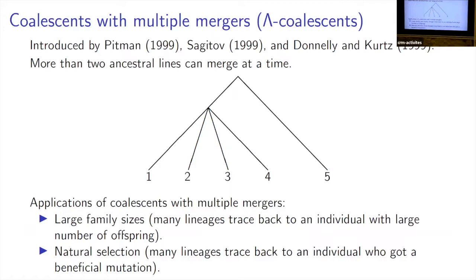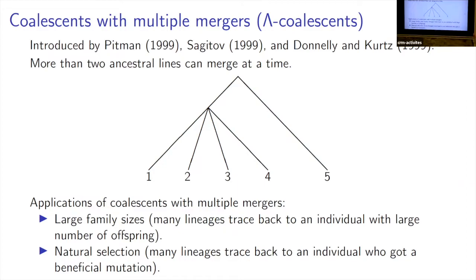These coalescent processes were introduced independently in 1999 by Pitman and Sagitov, and they also appeared around the same time in work of Donnelly and Kurtz. These processes have the property that many ancestral lines can merge at once. So we could get a picture like the one illustrated here, where the lineages 1 through 4 all merge at the same time, and then later the last lineage joins them.